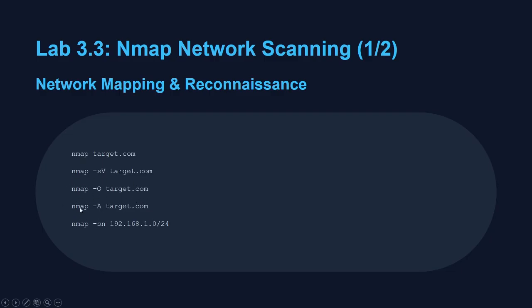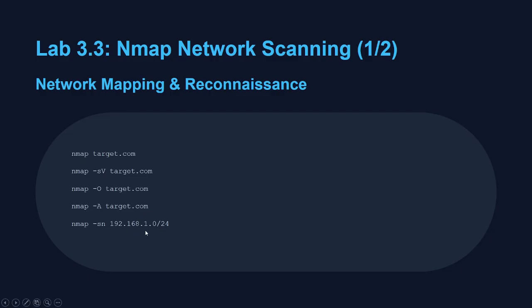The -A option is used to scan the known ports. The -sn option is just used to scan the network, to check which IPs are live, on or off. It doesn't give you the open ports or which services are there, all that. Initially we use -sn just to see which PCs inside the subnet are live and up.